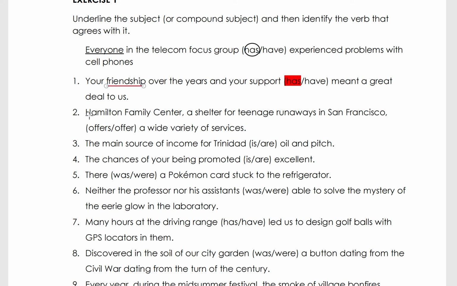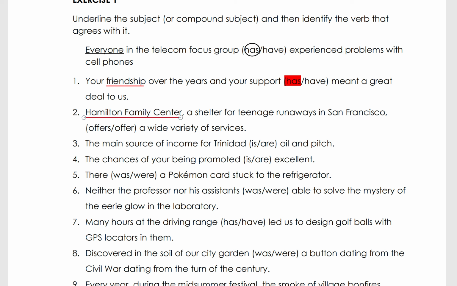Okay, number 2. Hamilton Family Center, a shelter for teenage runaways in San Francisco, offers or offer a wide variety of services. So let's identify the subject first. Hamilton Family Center. So here is the subject. Look at the center. Center is without s.